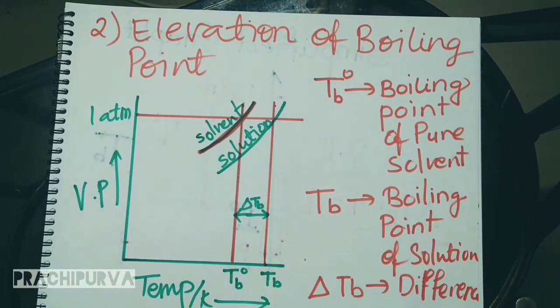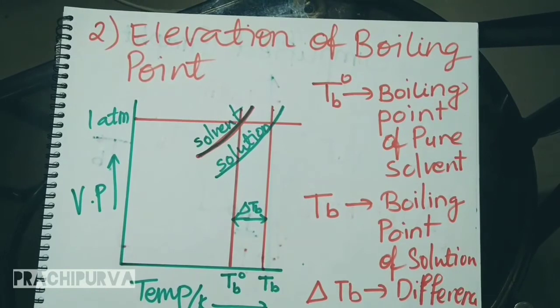When the vapor pressure of the liquid matches the atmospheric pressure, at that temperature that particular liquid starts boiling. I know till 11th or till 10th, you know the definition: the temperature at which liquid starts boiling is called the boiling point.